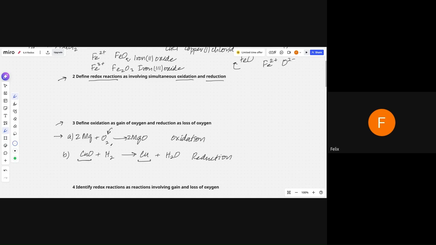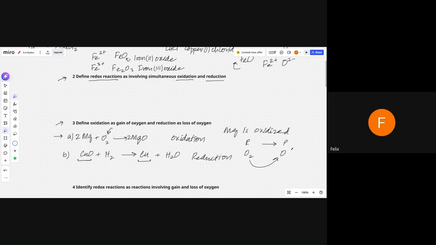The equation is balanced. And the second equation is already balanced. So you can see that magnesium is without oxygen on the left side, and with oxygen on the right side. So I can say that magnesium is oxidized, right? And now look at oxygen. On the reactant side, it was O2, 2 atoms of oxygen. But on the product side, we have only 1 oxygen connected to magnesium, right? So oxygen got reduced. The oxygen molecule lost one oxygen atom.